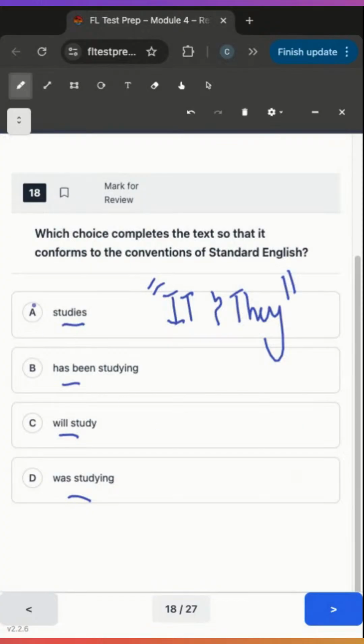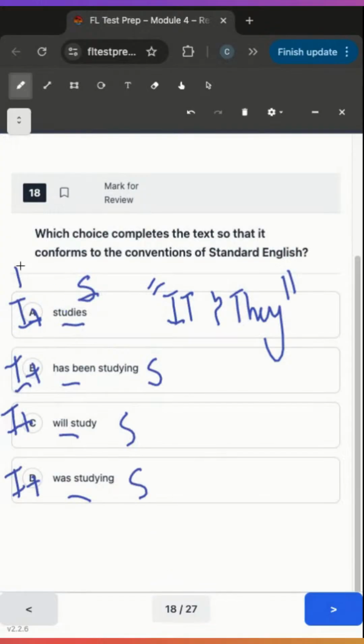So if I put "it" in front of a verb, "it studies," and it makes sense, that means this verb is singular. And if I put it in front of "it has been studying," well, doesn't that work? Singular as well. I can look at "it will study," singular, and "it was studying," singular.